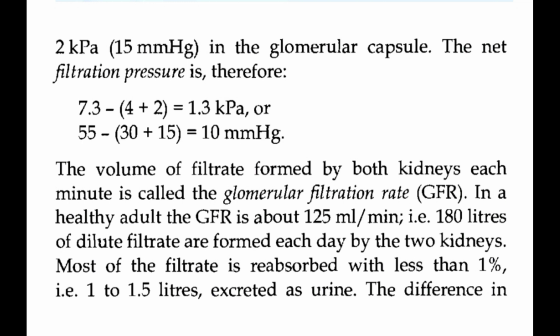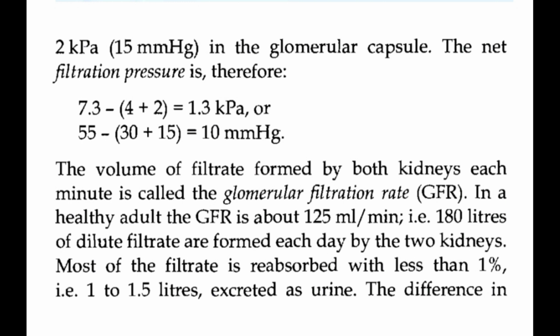The volume of filtrate formed by both kidneys each minute is called the glomerular filtration rate, GFR. In a healthy adult, this GFR is about 125 ml per minute. For example, 180 liters of dilute filtrate are formed each day by the two kidneys.